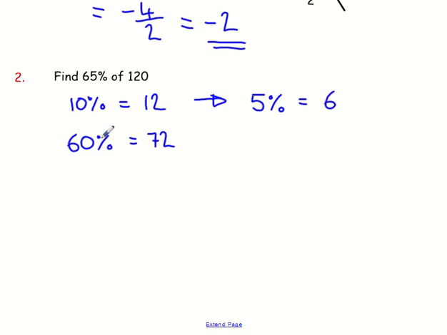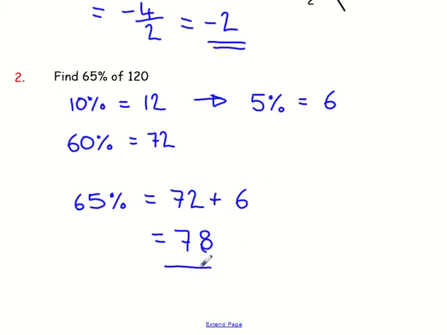So 65% is just going to be 60%, which was 72, add on 5%, which was 6, which gives us 78. There we go.